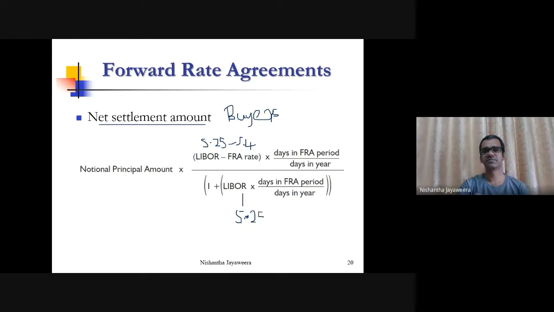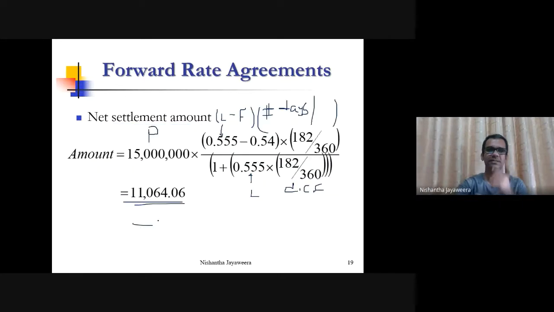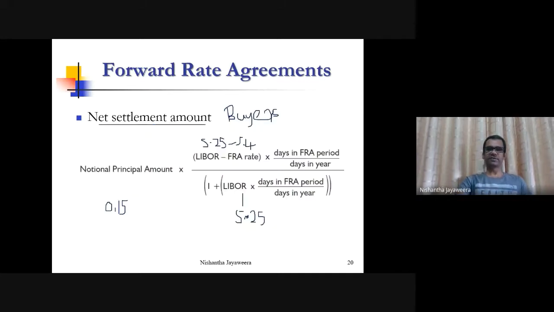Same. This difference is 0.15%. Even in this example, it's 0.15. Will you get the same answer, that 11,064, here?